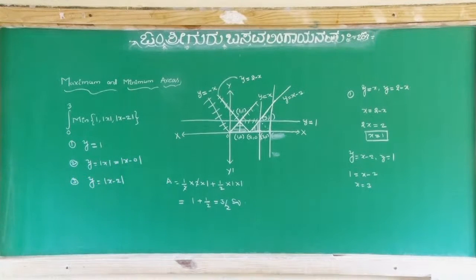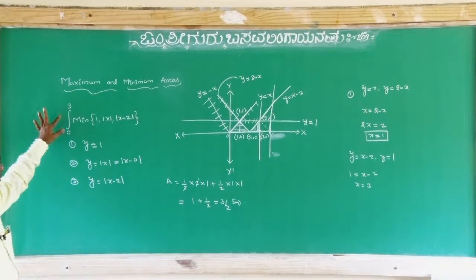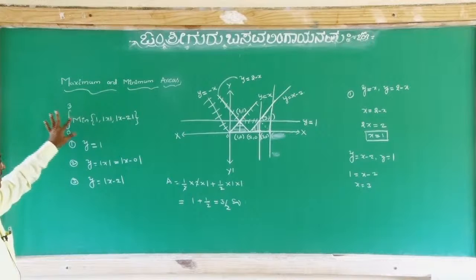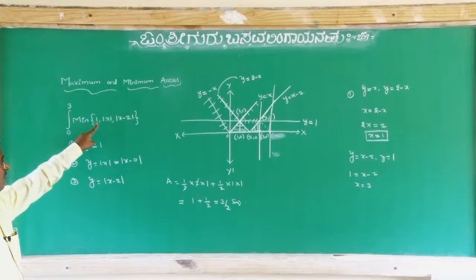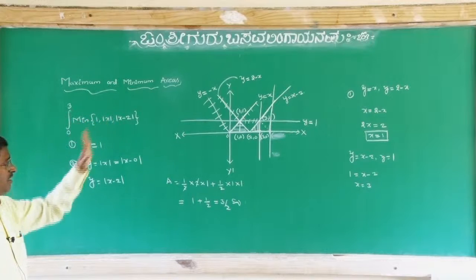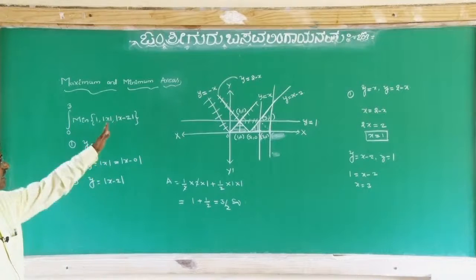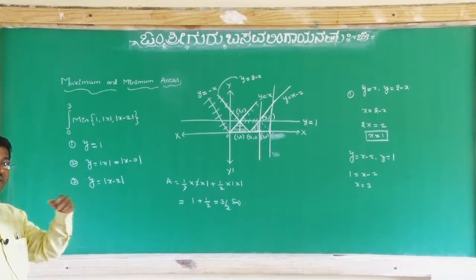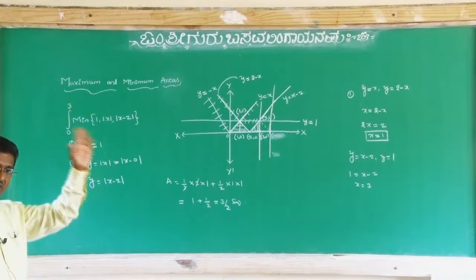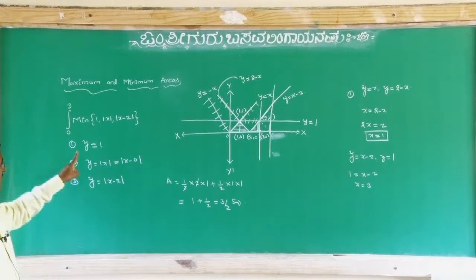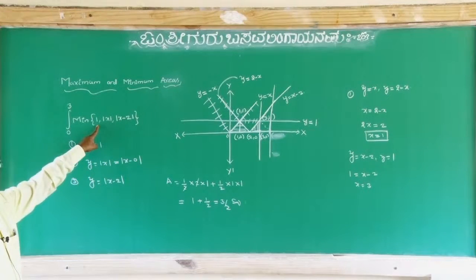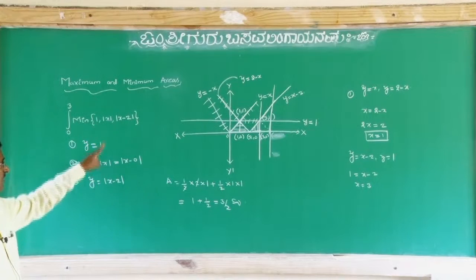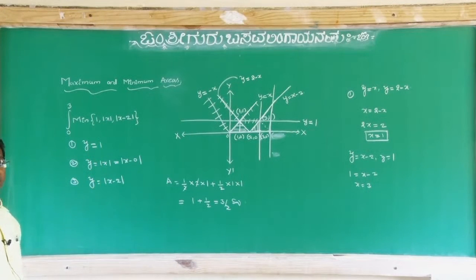Once again, I will explain to all of you. From 0 to 3 we have to determine the minimum area of 1, mod x, and mod of x minus 2. These 3 functions are given; sometimes 4, 5 or 6 functions are given like this. First of all, y is equal to 1 is one of the functions, y equal to modulus of x, and y equal to mod of x minus 2.